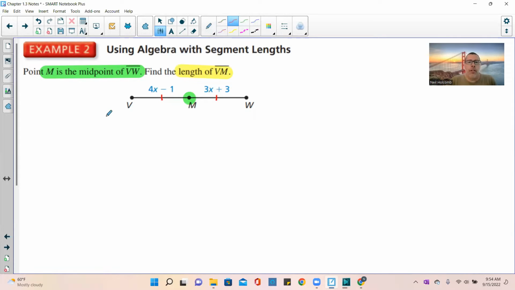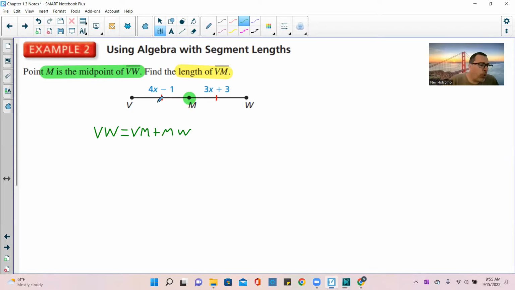So step 1, write a formula. VM equals, the length of VM. Okay, so we want to find VM, but I don't have an equation for VM. I got thinking about that after, so don't write that. Write the whole thing. The whole thing, VW equals VM plus MW.